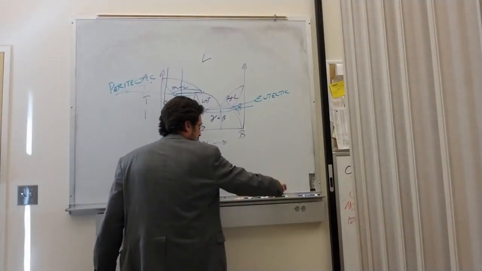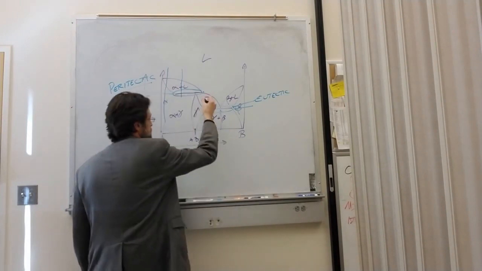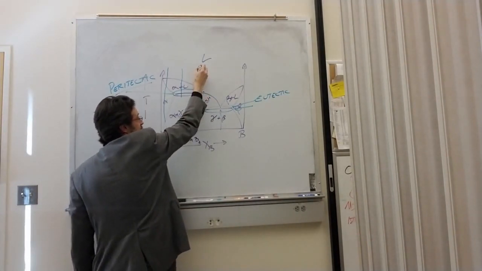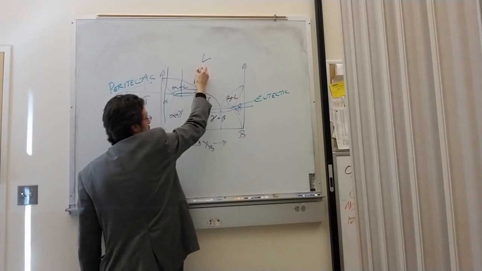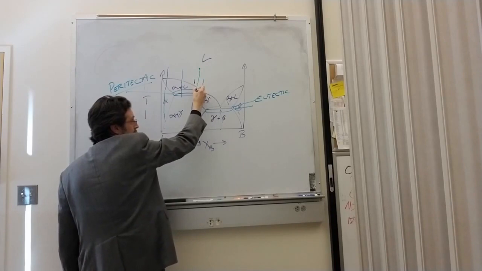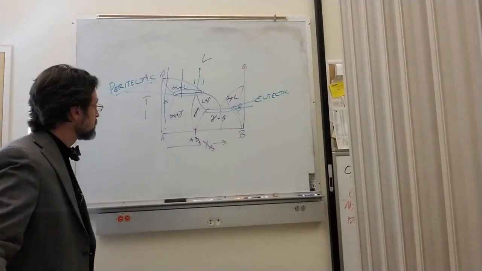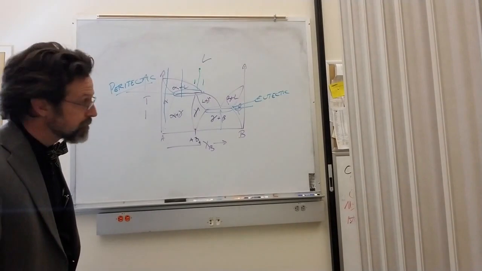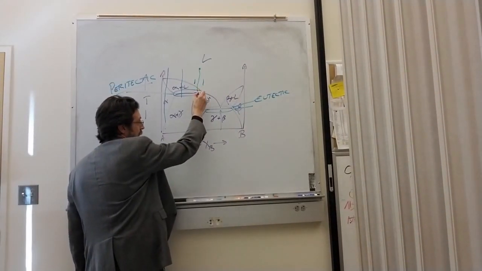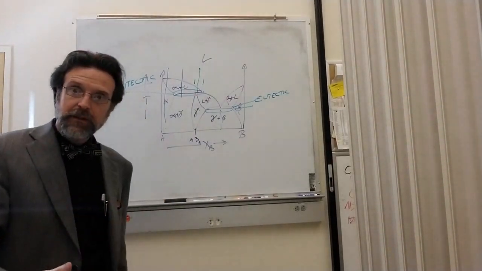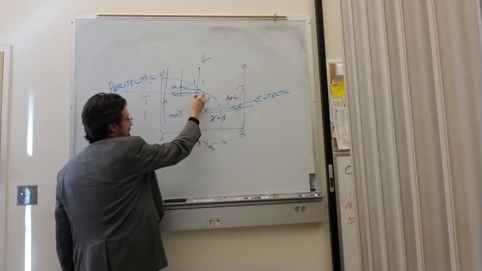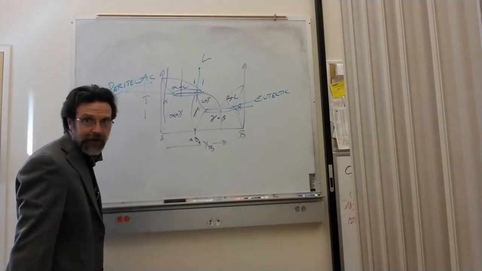But right here, that little window, if I start out here, I cool down, I form liquid plus alpha. If I keep cooling, I now form liquid plus gamma. And then, as I keep cooling, I form gamma.